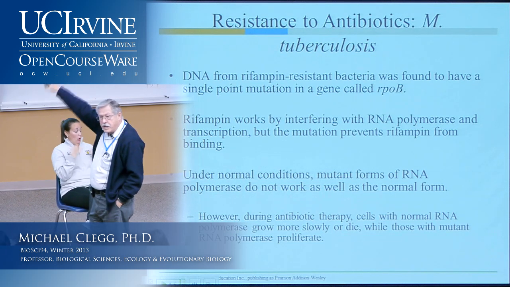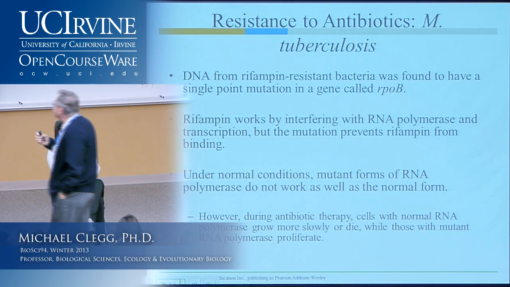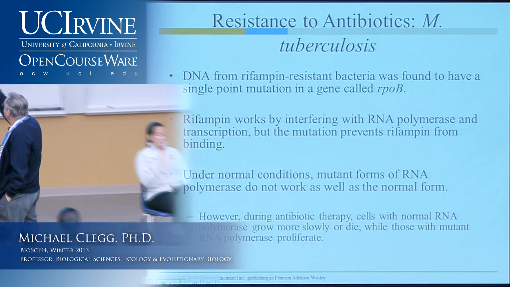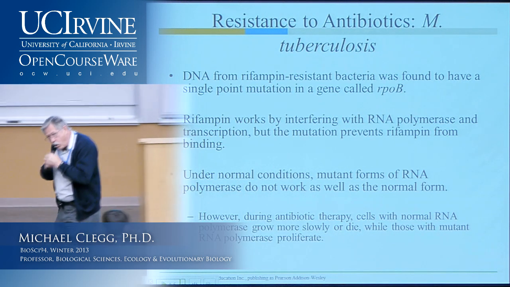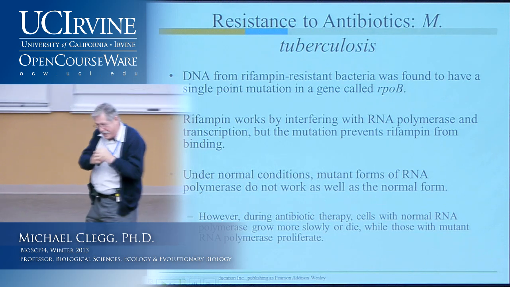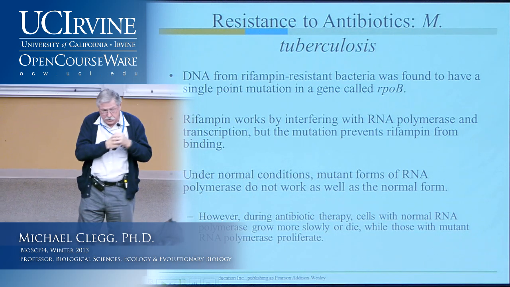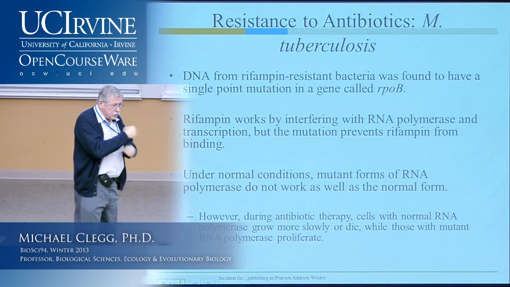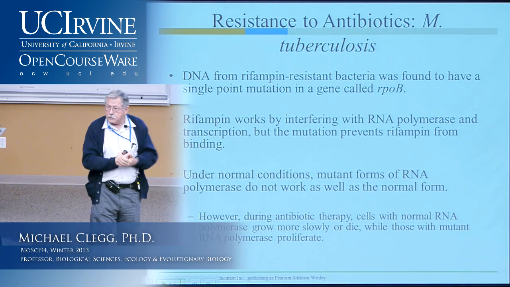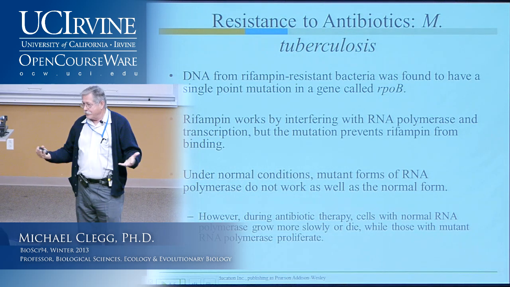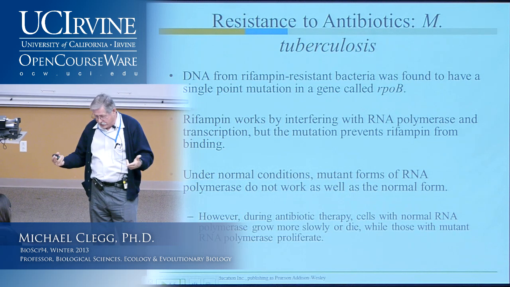One specific example is an antibiotic called rifampin, which actually binds to the RNA polymerase in the bacterium, and it therefore prevents the transcription of RNA. And if it prevents the transcription of RNA, it prevents the bacteria from succeeding.